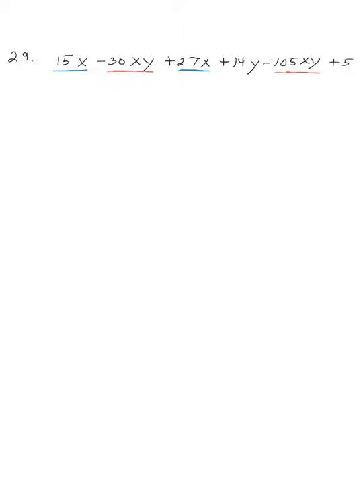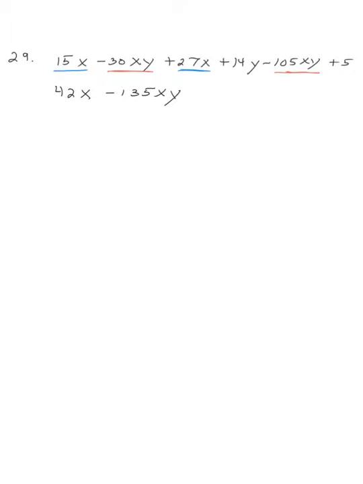That is not like terms with anything else, so I just have to combine the blue and the red terms together. So 15 and 27, if I add those two together, just being careful here, that's a total of 42x. If I now look at negative 30 minus 105, that's negative 135xy.